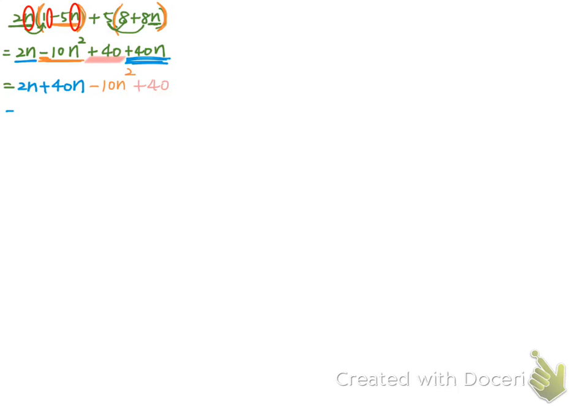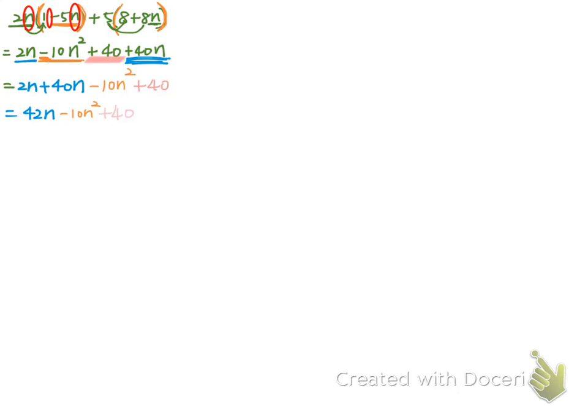I can simplify them by combining them. 2n plus 40n equals 42n. And then I have the orange right here, which is negative 10n squared. They're different, so we can't combine them. And then lastly, I have the 40, not n.